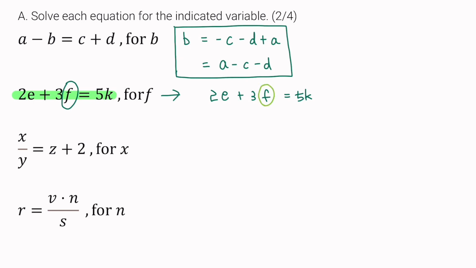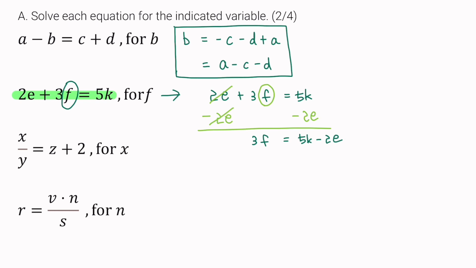So I want to get rid of 2e first from the left side, so I can do that by subtracting 2e from both sides of the equation. I can get rid of that, and I am left with 3f is equal to 5k minus 2e.